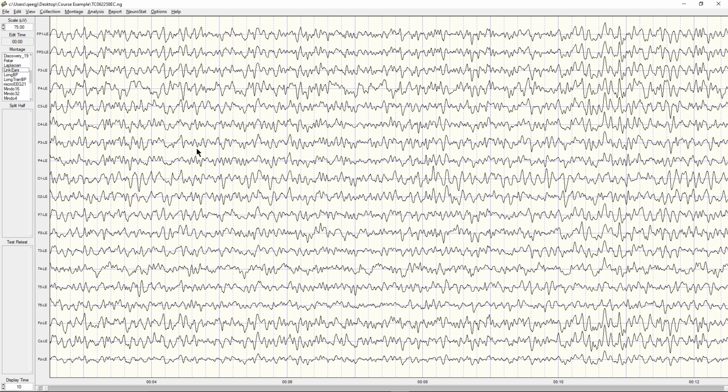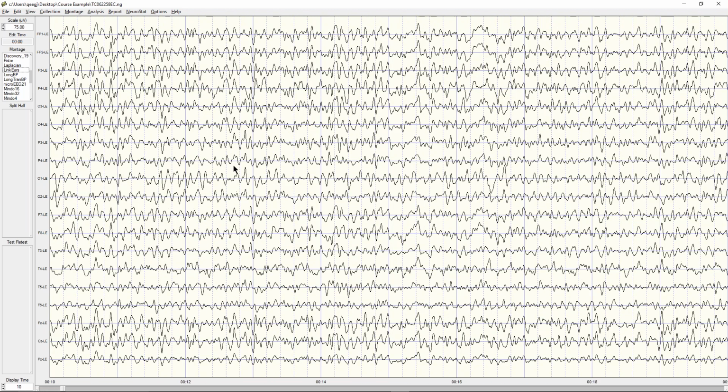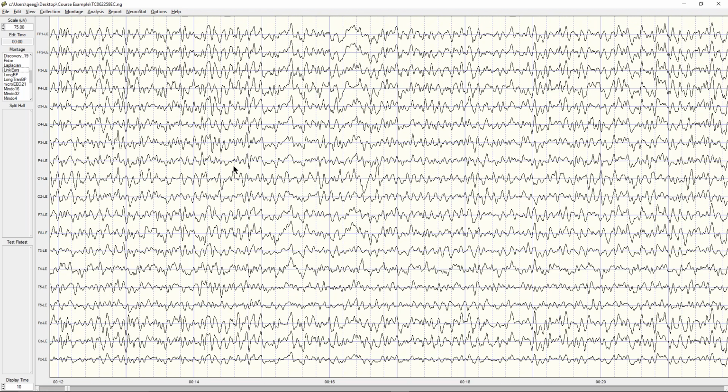Once I've clicked in the background here, I can scroll through my data. The first thing I'm going to do is scroll through my data and see if I can see anything that looks particularly odd or unusual. So right here, I see an eye movement. This is eyes closed. This is a lateral eye movement that takes quite a while to occur. It starts right about here, and it goes up and down.